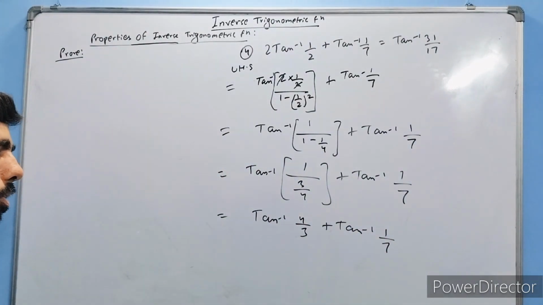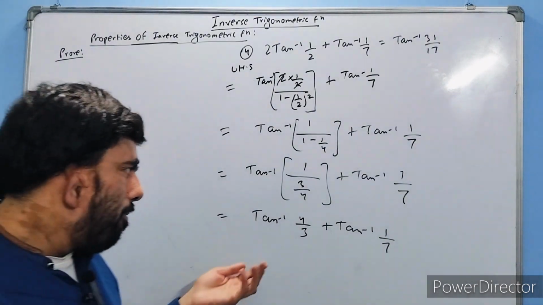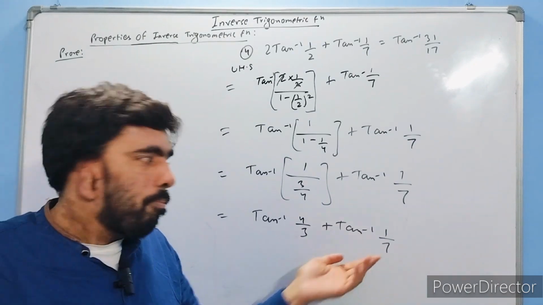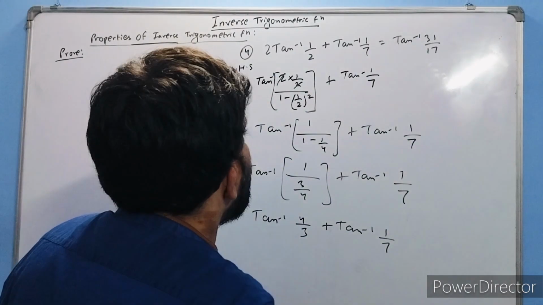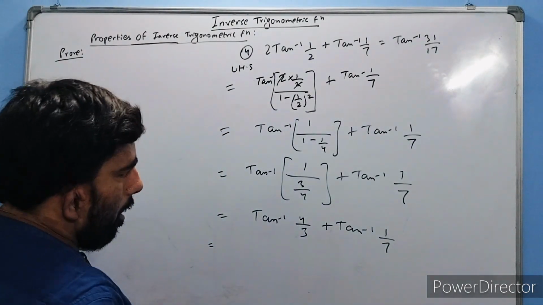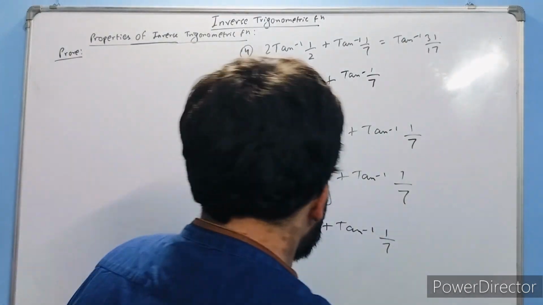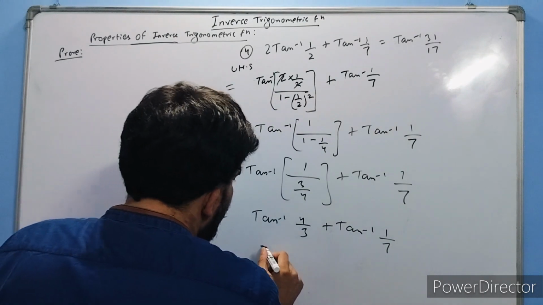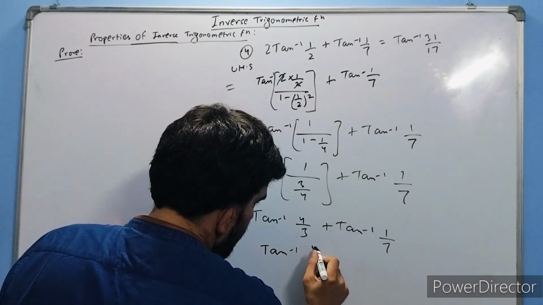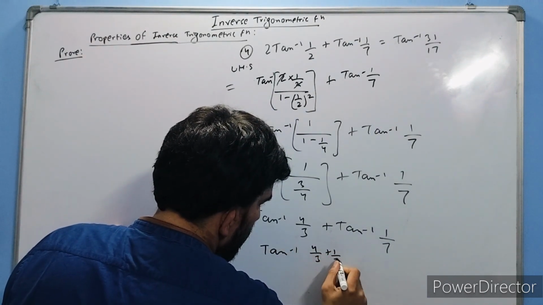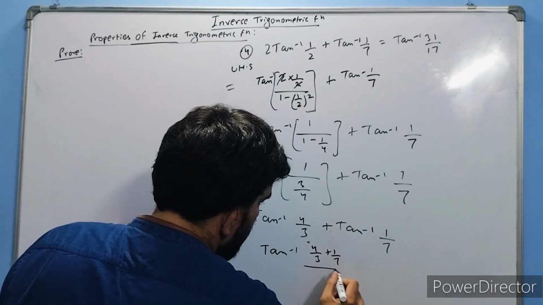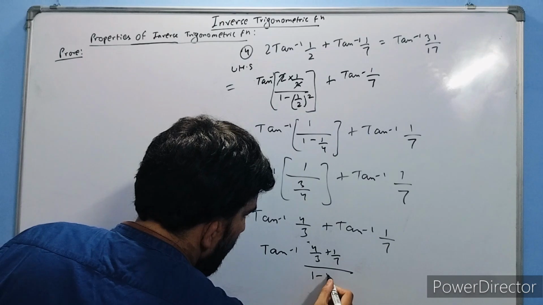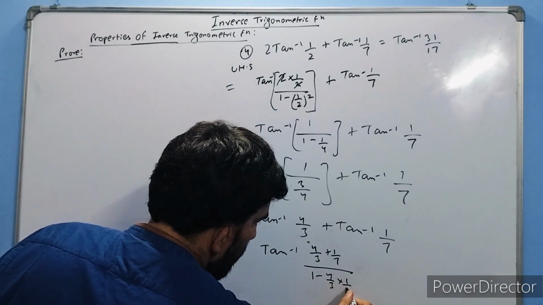We have tan inverse x plus tan inverse y, so now we'll apply the formula: tan inverse of x plus y upon 1 minus xy.